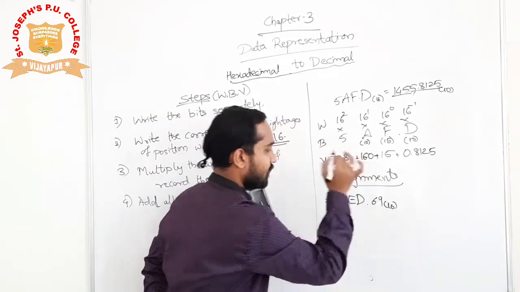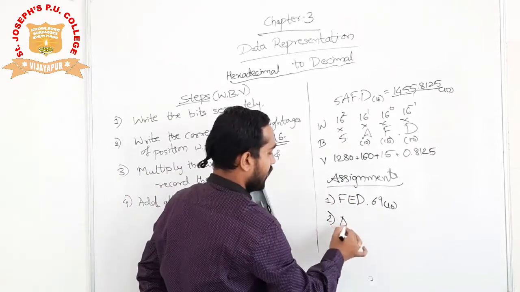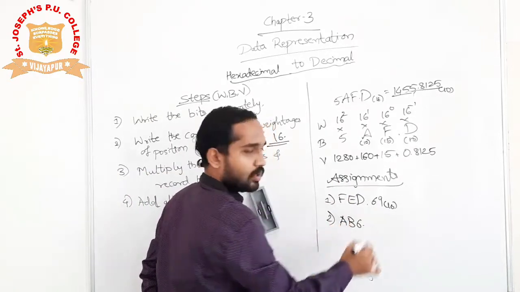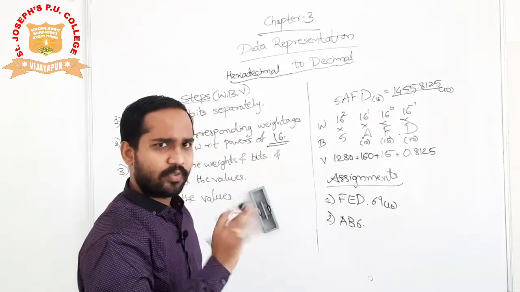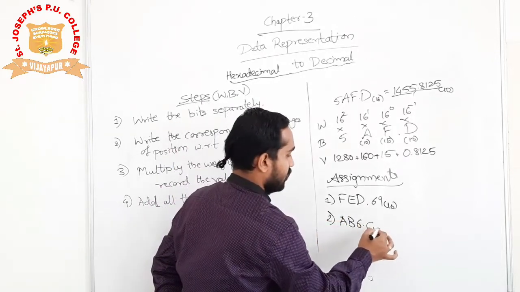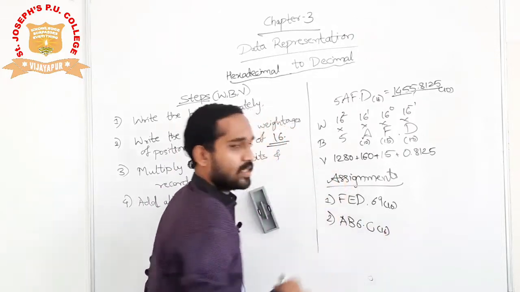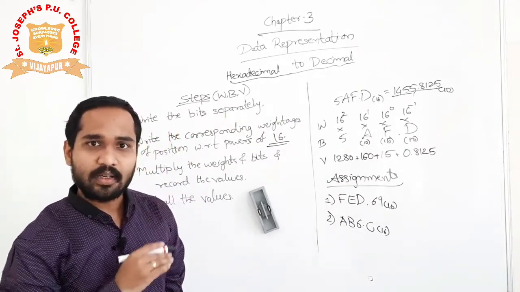This is a hexadecimal number; you have to convert it to decimal. Then again AB6.C. Any number from 0 to 9 and A to F can be there. So this is also a hexadecimal number. You have to convert these two to decimal and send the results.